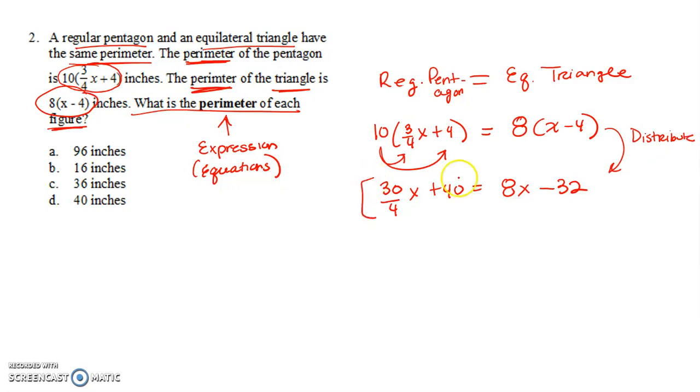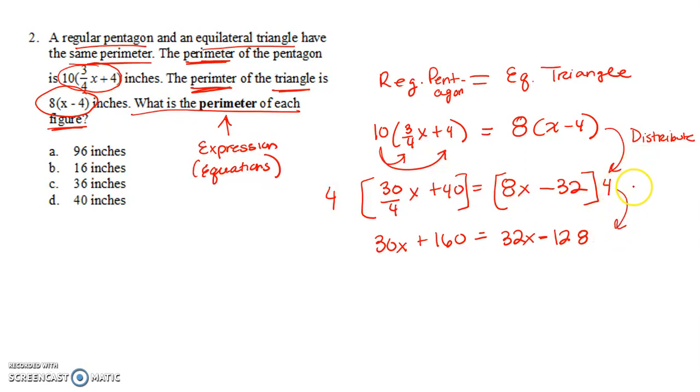I'm going to get rid of my fraction by multiplying by 4 on both sides. So that simplifies to 30x plus 160, distributing the 4, equals 32x minus 128. Okay? To remove the fraction, multiply by the denominator.